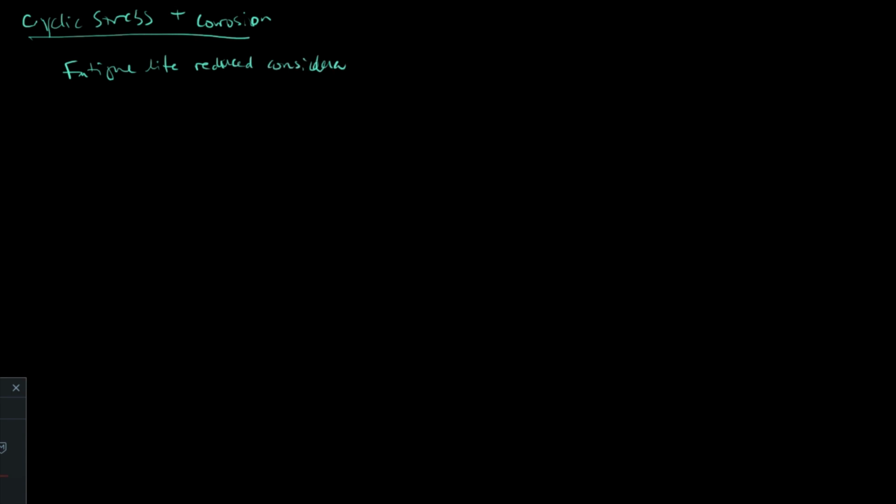And unfortunately, we don't really know how much the life is reduced for general cases. So what that means is that if it's important, then we have to do engineering tests to validate the design.